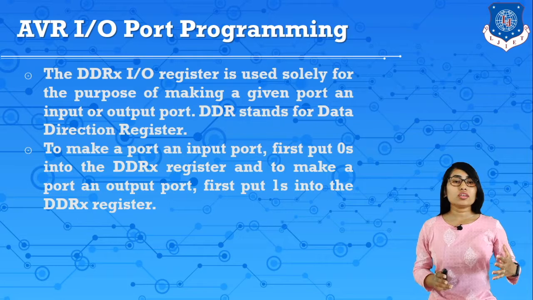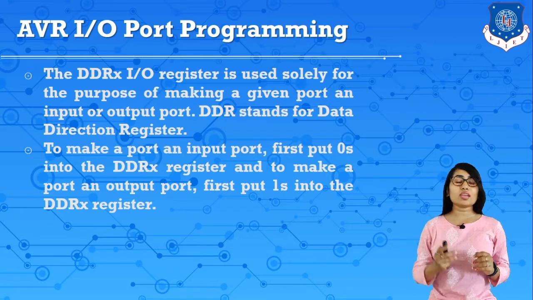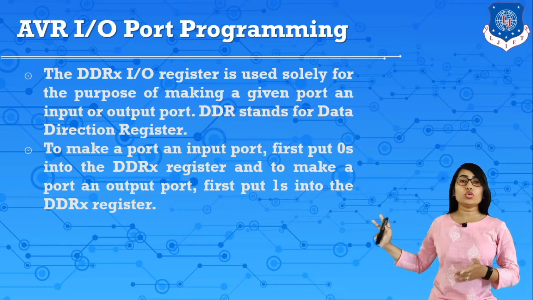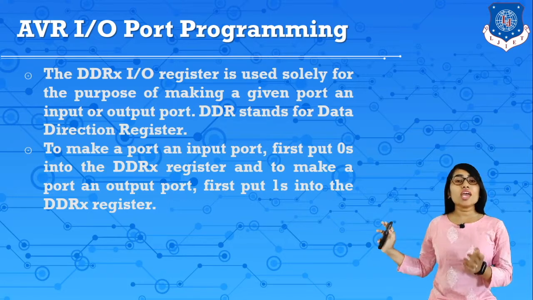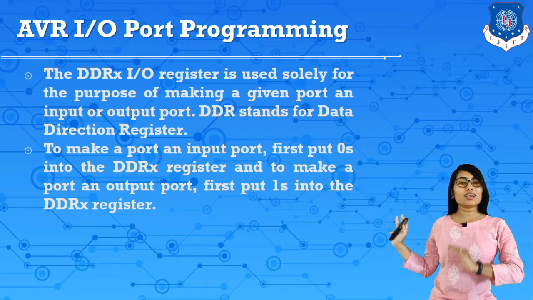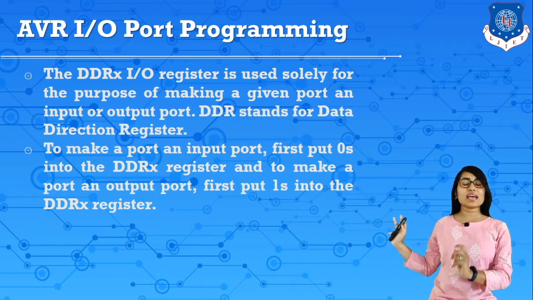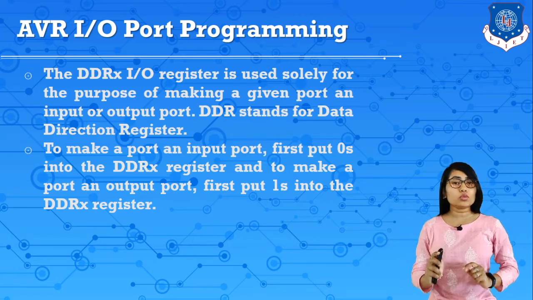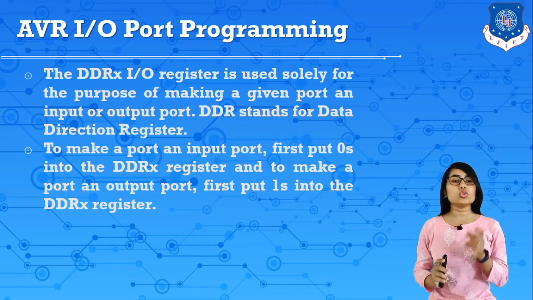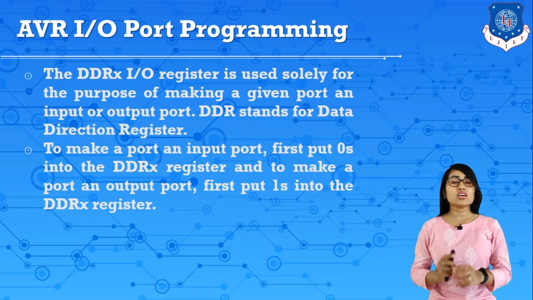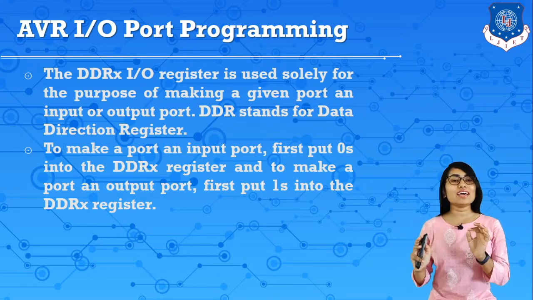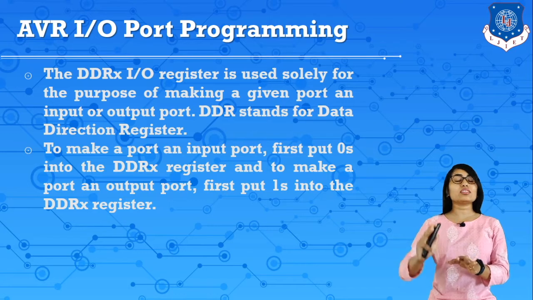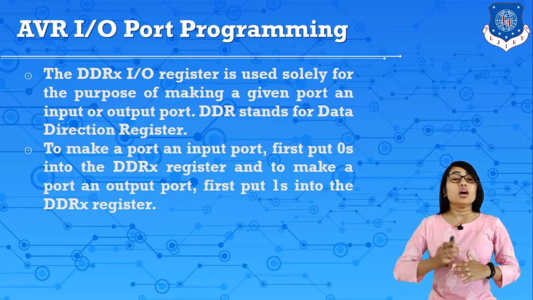Here we have 2 options. To make any port an input port, we have to put the content of DDRX as zeros. So to make a port an input port, first put zeros into the DDRX register. If all bits in DDRX are 0, it indicates that the given port is an input port.